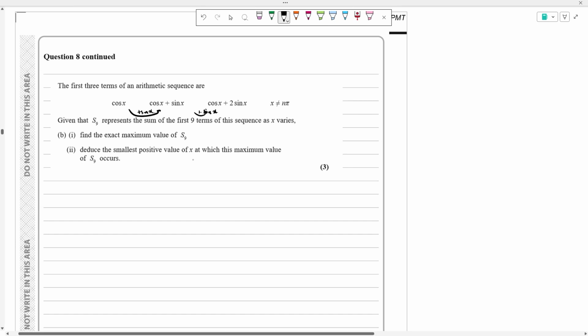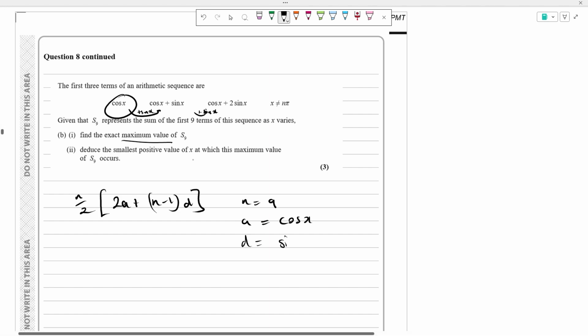Given that S9 represents the sum of the first 9 terms, find the exact maximum value. For arithmetic sequences, you're going to be using this formula: n/2, 2a plus n minus 1 d. In this case, n is just our amount of terms, so that's going to be 9. Our initial value is going to be cos x, because that's what it says here. Our difference in term is going to be sine x.